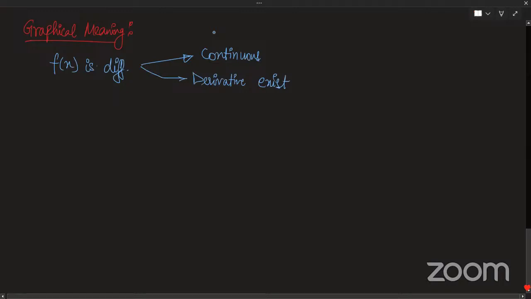Continuous means that the function at that point can be drawn as a continuous line, without lifting your hand.